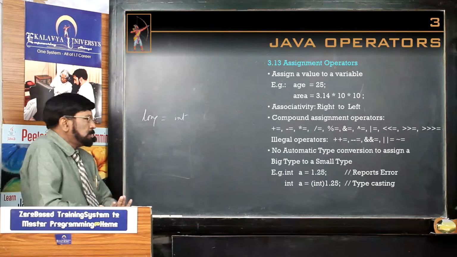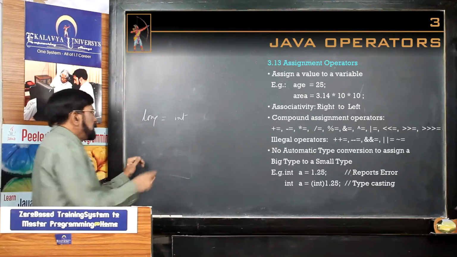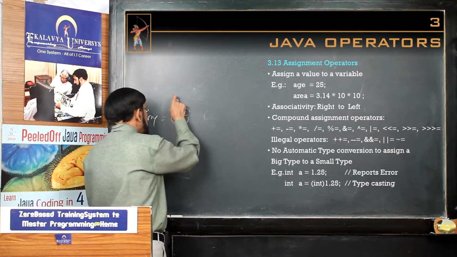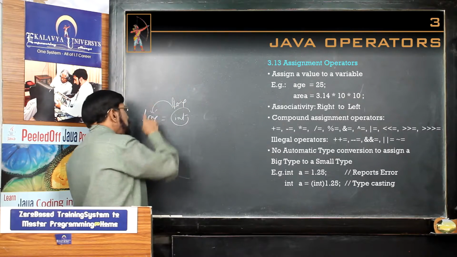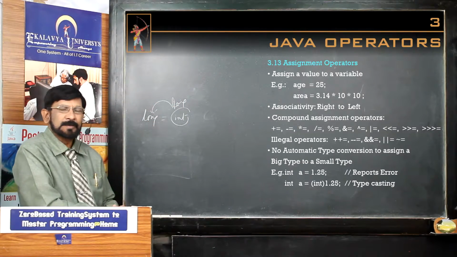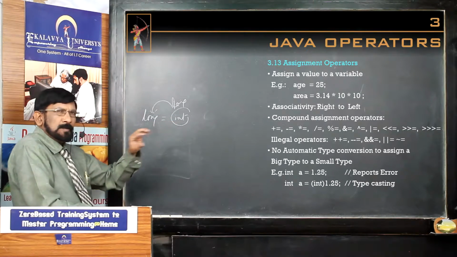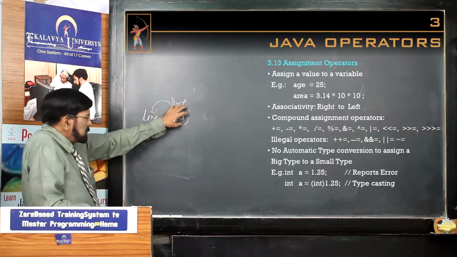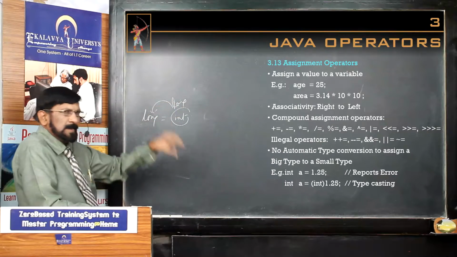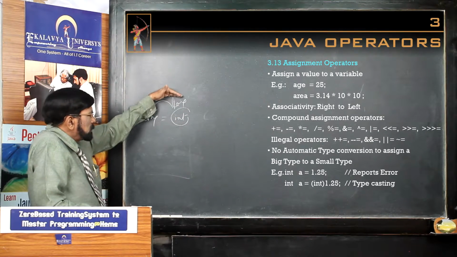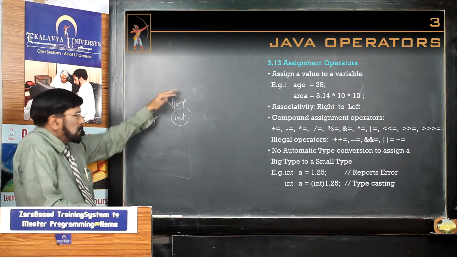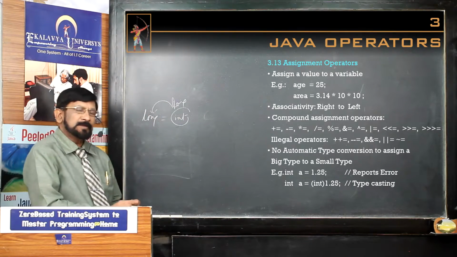So, for this purpose, first this is promoted as long, and then only the value is assigned. So, whenever you are assigning a smaller inferior type to a superior type, first the inferior type is promoted to the superior type, and then only assignment is done.